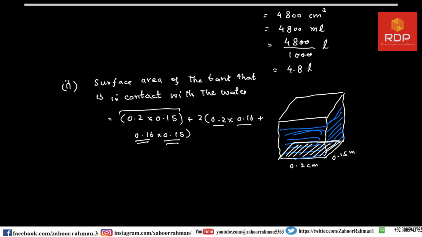The top portion is not in contact with the water, so that is why we are not including it in the answer. So when we calculate all these values, we will get 0.142 meters square, and that will be the area which is in contact with the water in the tank.